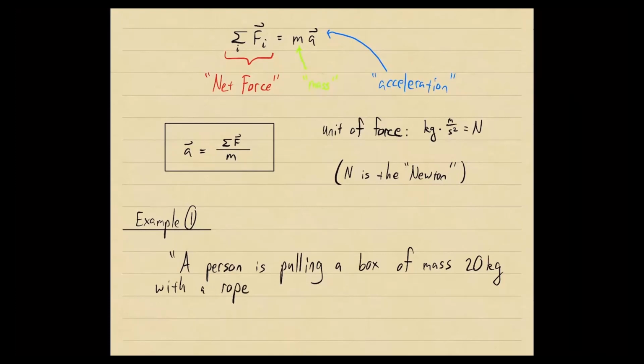The problem says that the acceleration of the box is 5 meters per second squared.